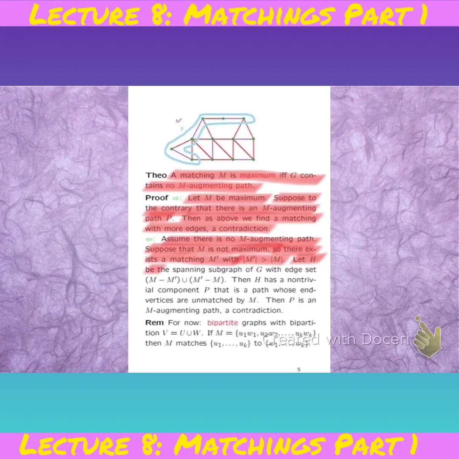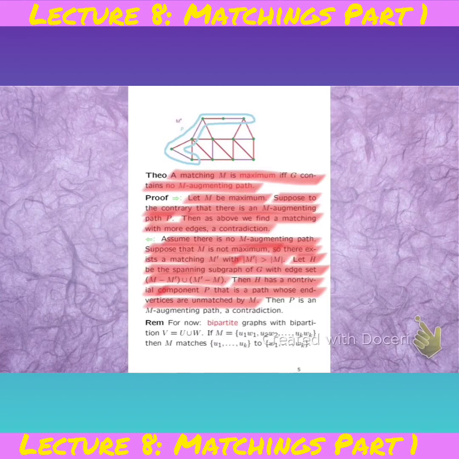And then let H be a spanning subgraph of G whose edge set is pretty much the edge set described there. Then this graph H is going to have a non-trivial component P that is a path whose end vertices are M unmatched.